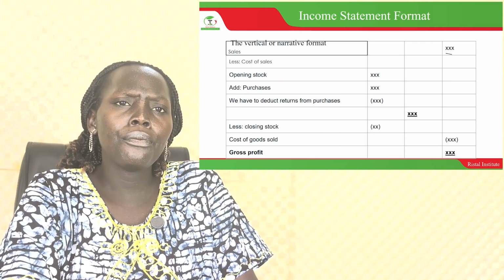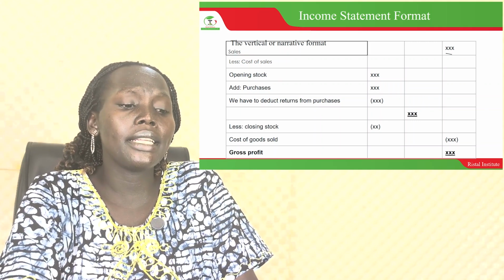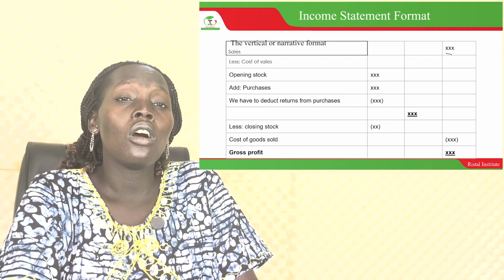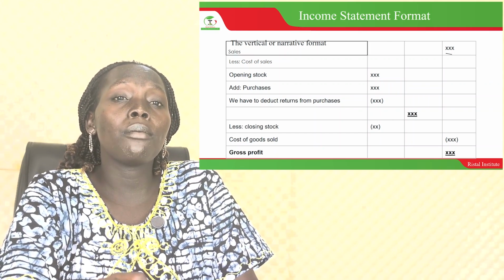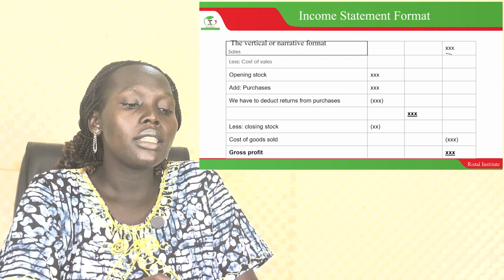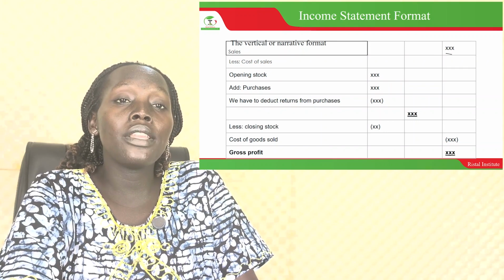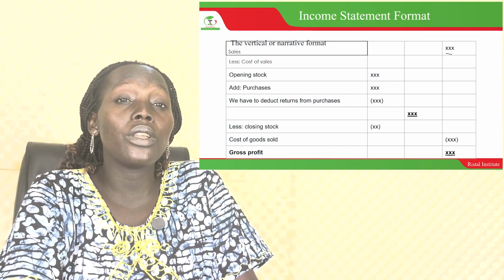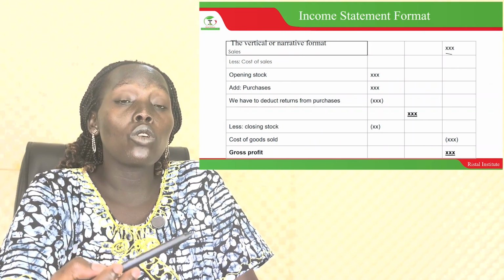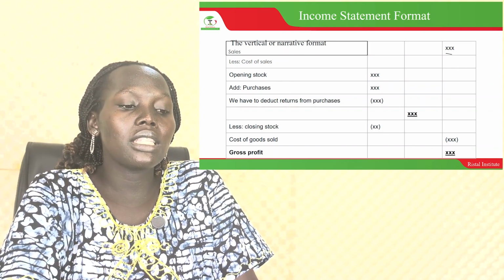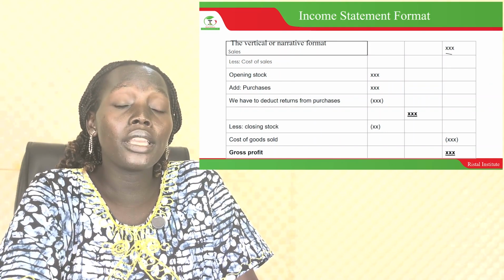It means that the stock that you closed with becomes your opening stock. The one that you ended with last month remains, so when you're starting the new month, it becomes your opening stock.